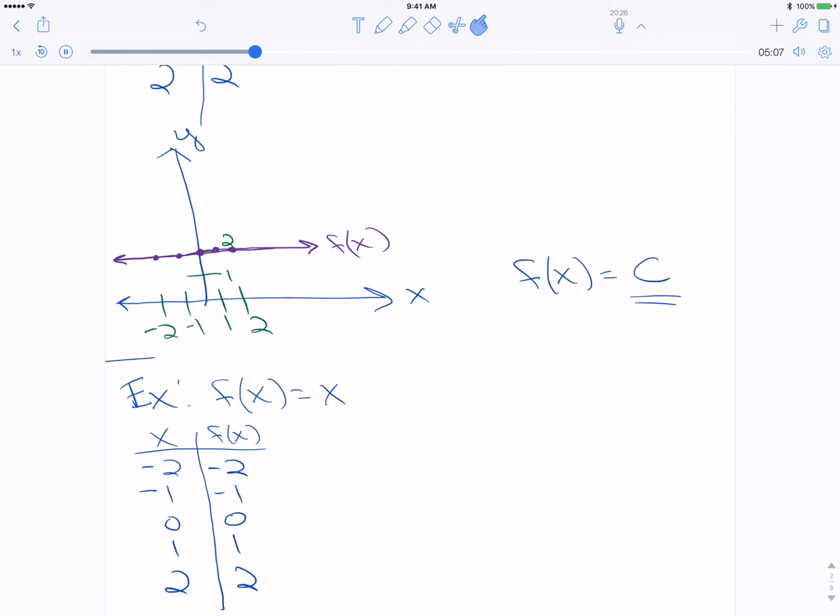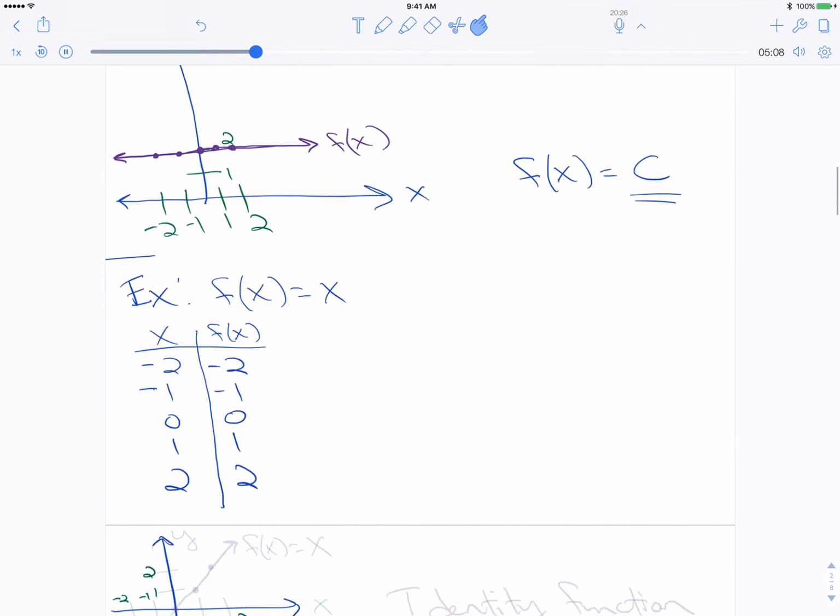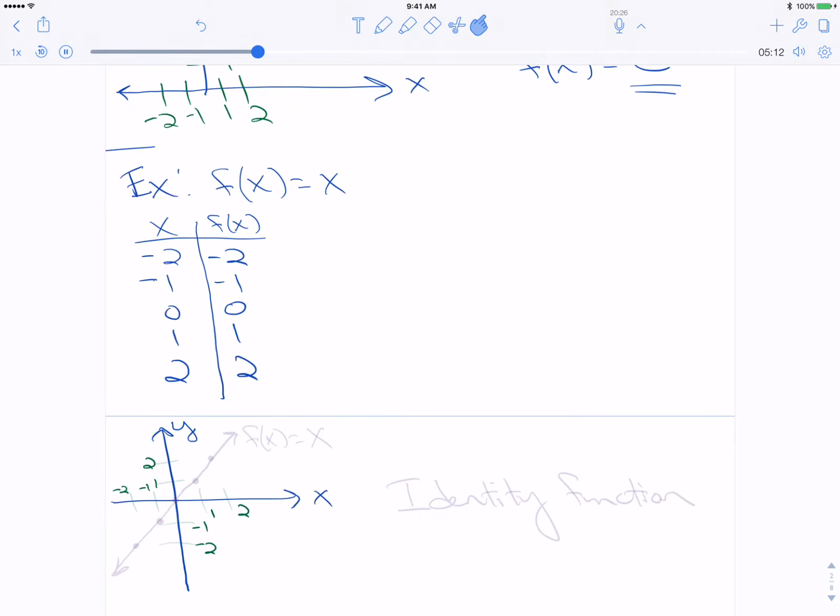So if I go and I construct my axes, here's my x and my y, and then all the color fun stuff, 1, 2, 1, 2. My scale is not perfect. Then from here, if I want to plot in purple again, -2, -2. -1, -1. 0, 0.